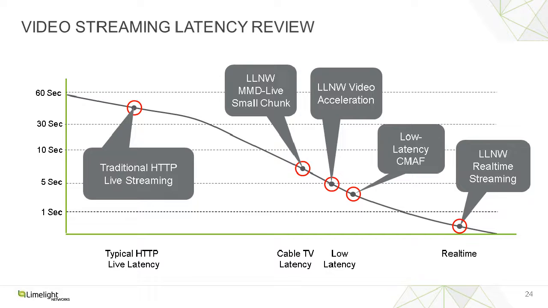It's probably doing it every half second or so, depending on the chunk size. So you've added in another chunk of latency there. Now you've got to download it. So we're at least at 2 seconds, and the player is probably going to want a little bit of a buffer before it starts playing so that it can give you a good view and quality. So you're really looking at 3 to 4 seconds as the lowest that you could reliably do with small chunk traditional live streaming.